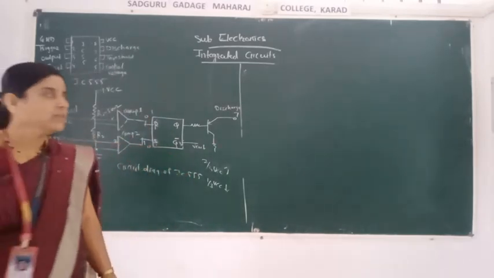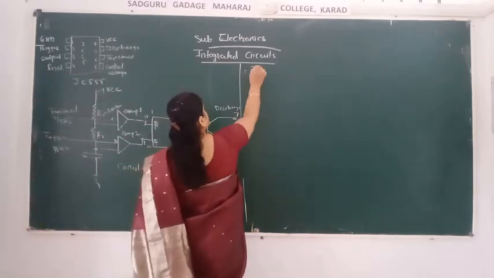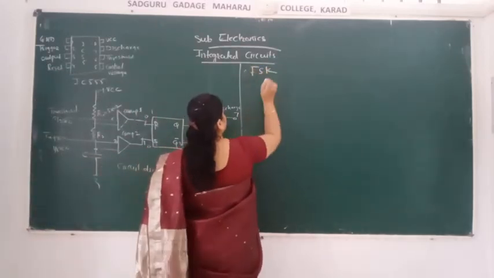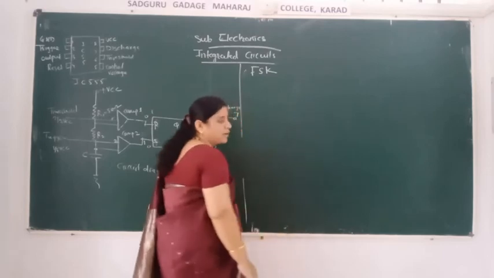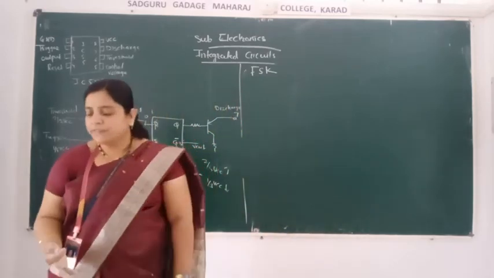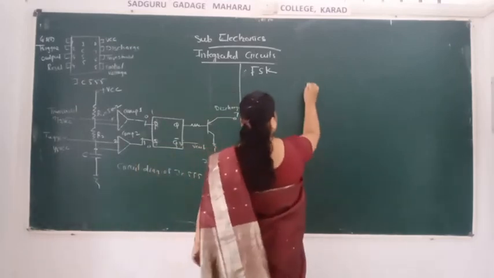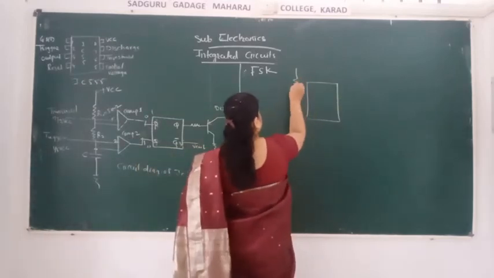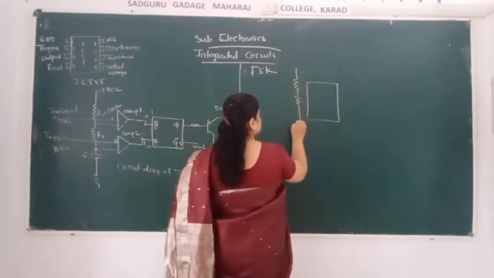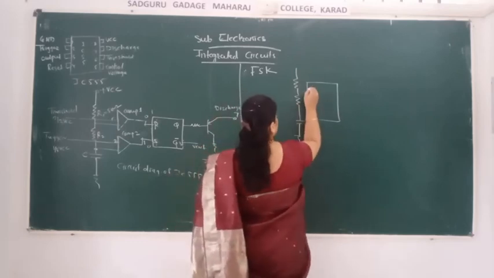Next we have seen FSK, the frequency shift key. In frequency shift key, the frequency will be shifted. Again we have used the astable multivibrator in frequency shift key. So this is the diagram for frequency shift key.